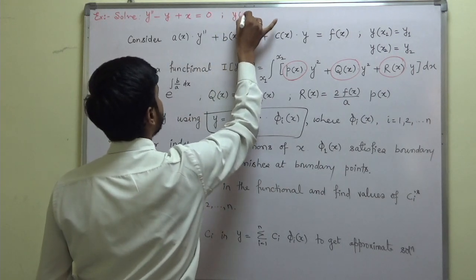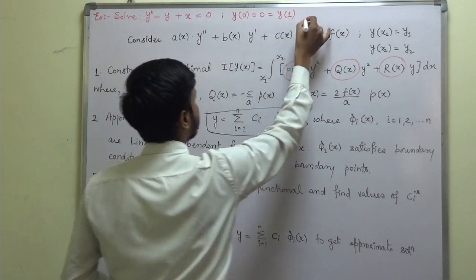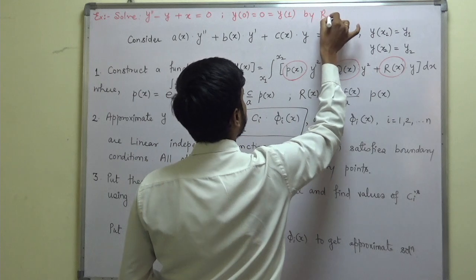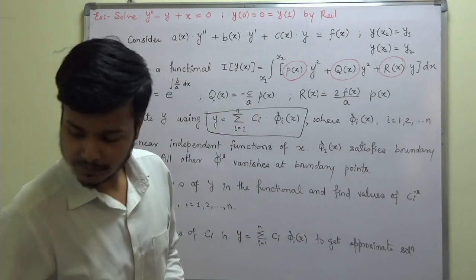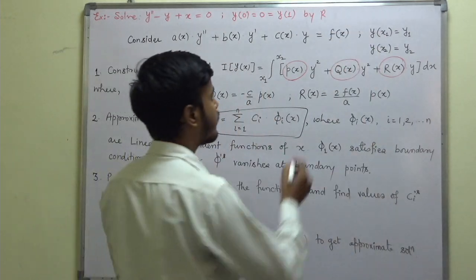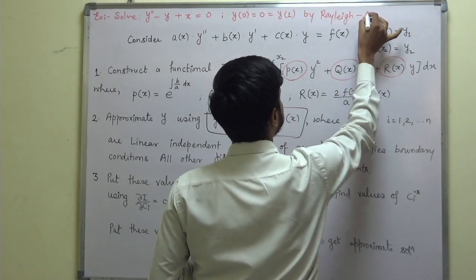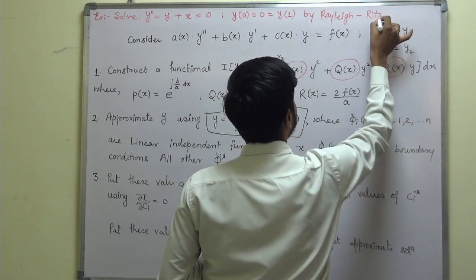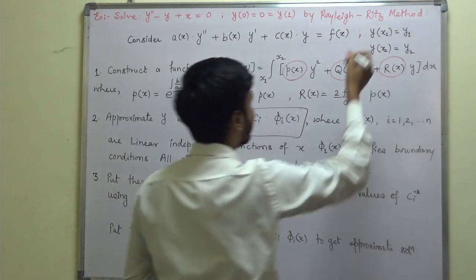Boundary conditions are given: y of 0 equal to 0 equal to y of 1, by the Rayleigh Ritz method. Sometimes in short it is written as the RR method.